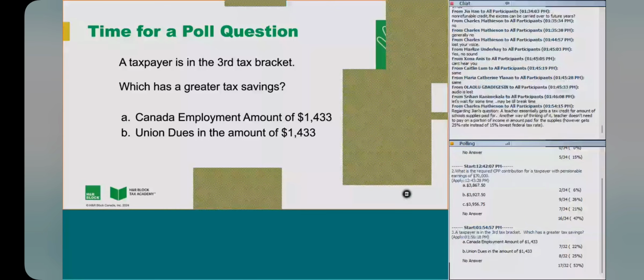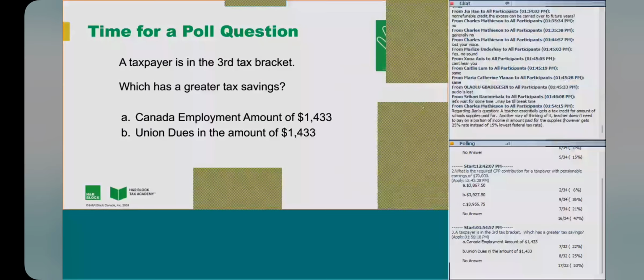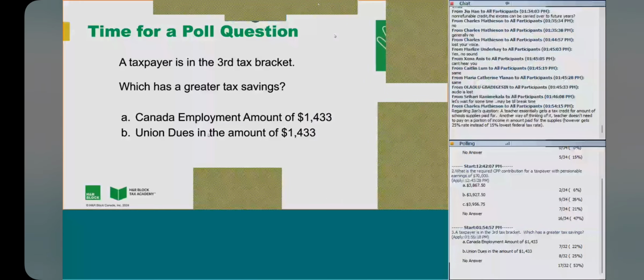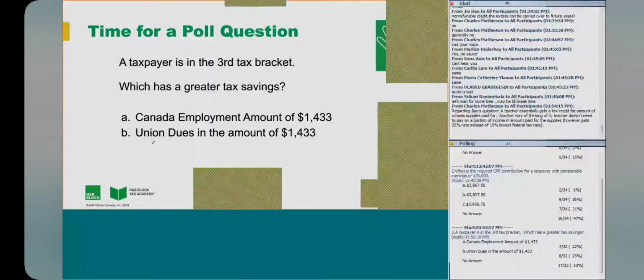Okay, so we got kind of an even split of the answers, and a certain number of people didn't get a chance to answer the question or it was a little bit unclear. So, important to remember, union dues are a deduction. So union dues reduce your taxable income.